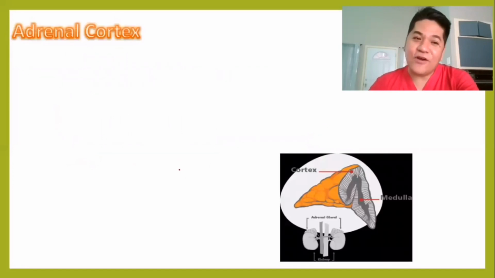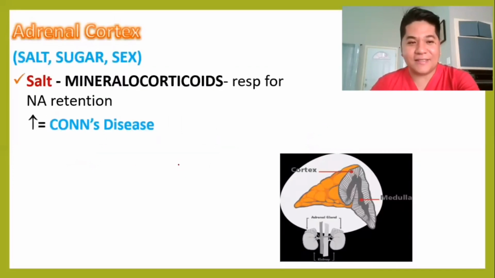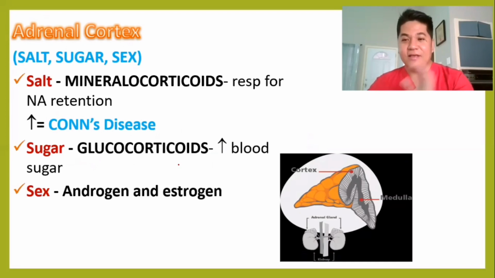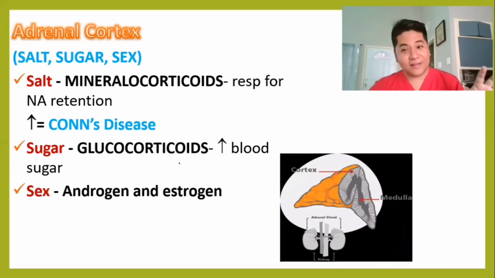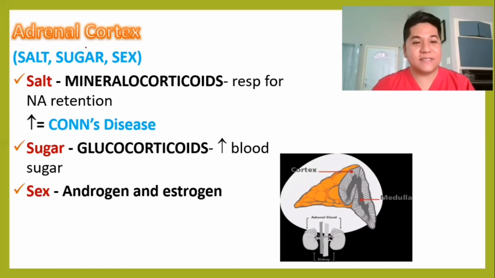Moving on to the adrenal cortex. The adrenal glands are located on the kidney: the adrenal cortex and the adrenal medulla. From the word cortex, C as in cortisol, they secrete ACTH, the adrenocorticotropic hormone, which is responsible for the stress reaction.